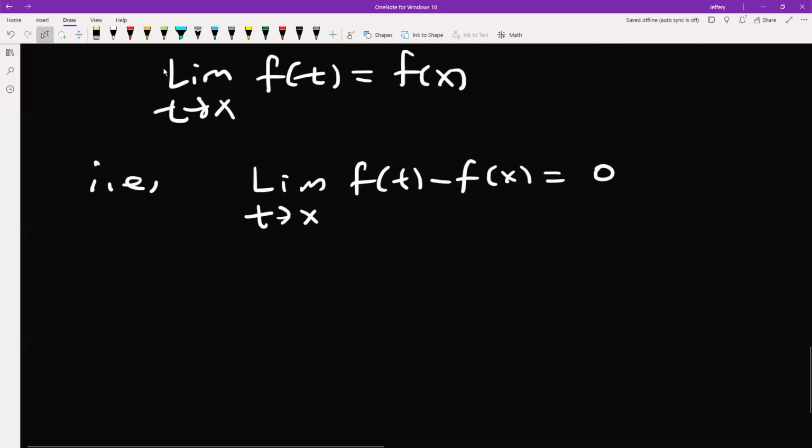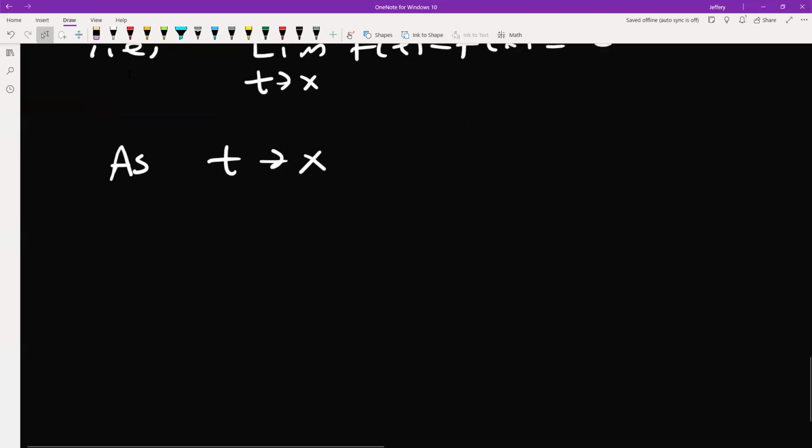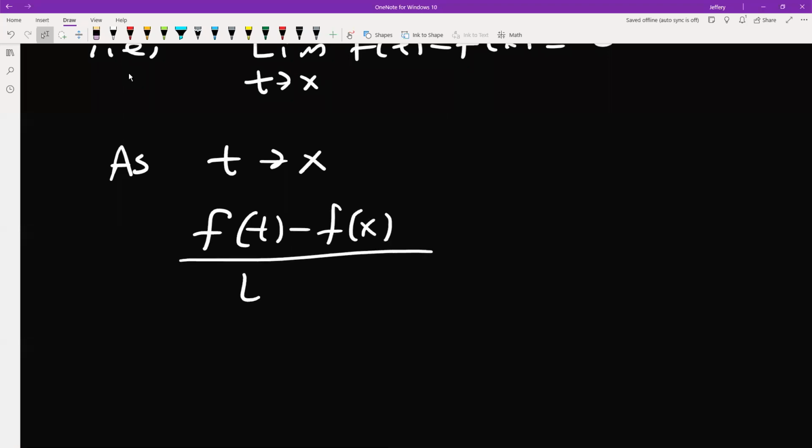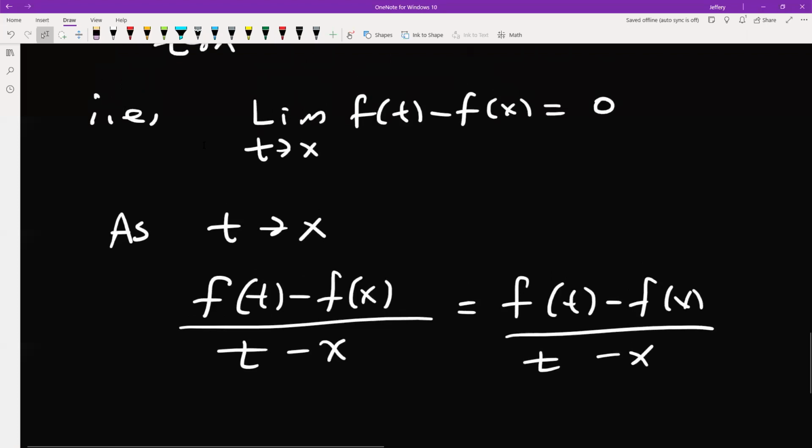So as t goes to x, we can write f of t minus f of x. Let me write it like this: f of t minus f of x is equal to f of t minus f of x over t minus x, times t minus x. Now you might be like, what are you talking about? This is what I have to show.